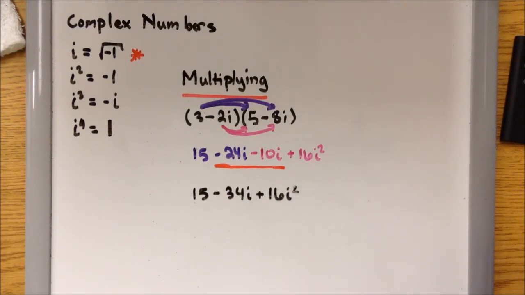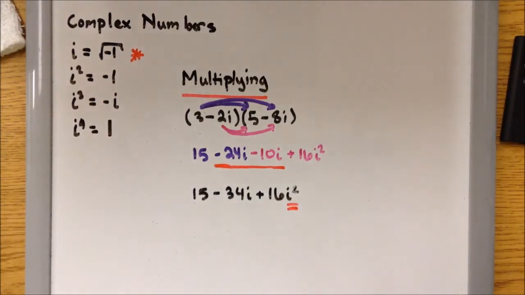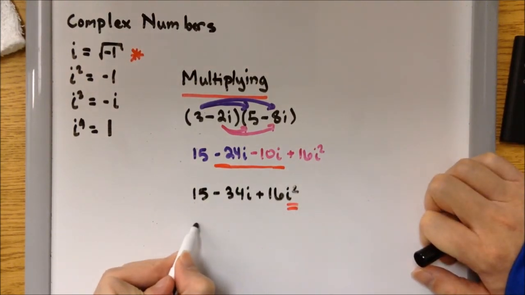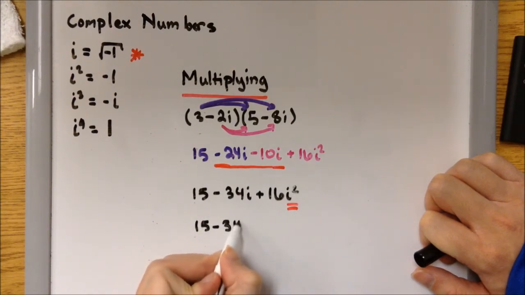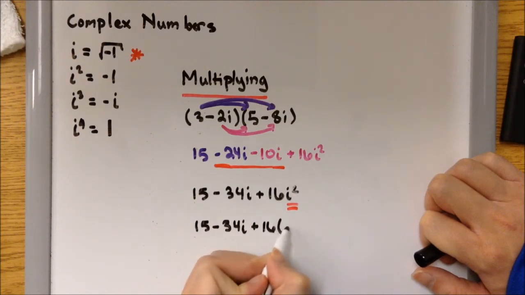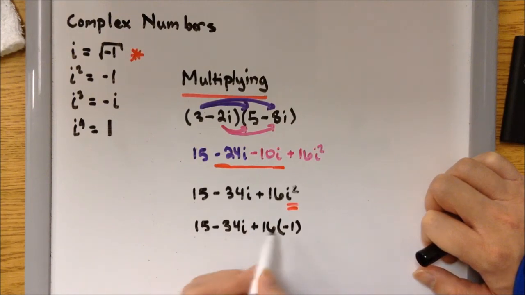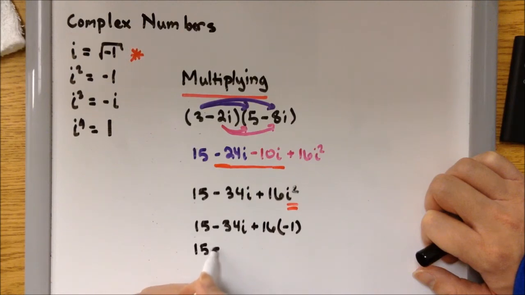And now we have to simplify the i squared. i squared is negative 1, so I'm going to rewrite it, changing only the i squared. So 15 stays the same, minus 34i stays the same, plus 16 will stay the same, but i squared will change to negative 1. So the only thing I'm changing is 16 times negative 1. So 15 stays the same.